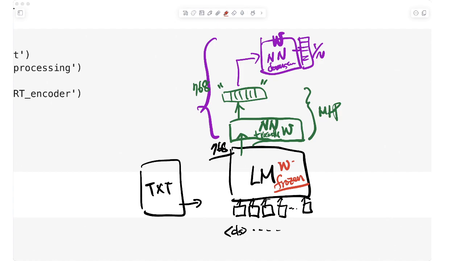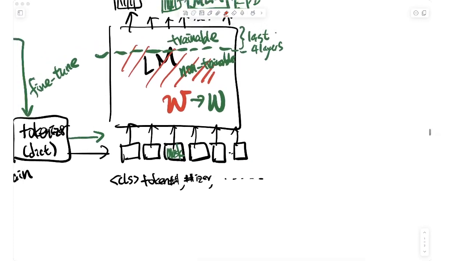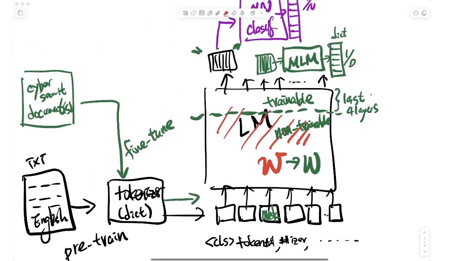But I have to mention that the green latent space right here is a kind of transformation from the black output to the green vectors. But since this green output is trained by the purple task, the green latent space is not like this one.